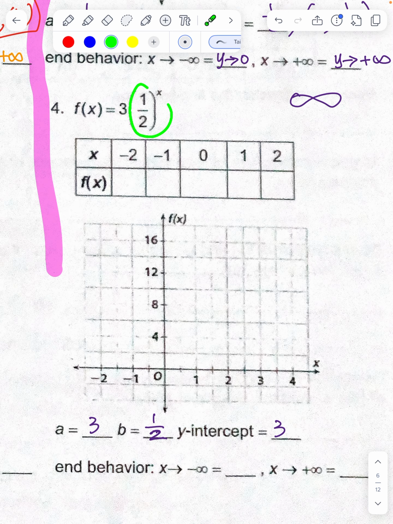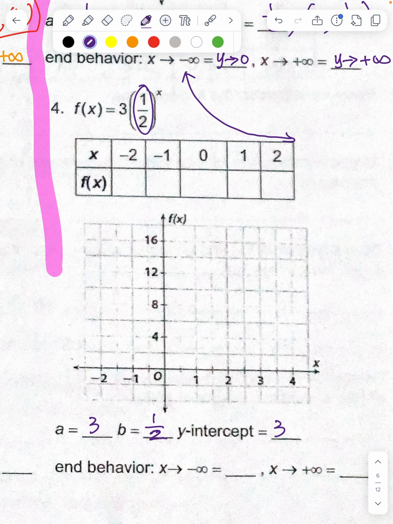Let's fill up the table. Because the multiplier 1/2 is less than 1, the graph is going to look like this. The graph is decreasing.